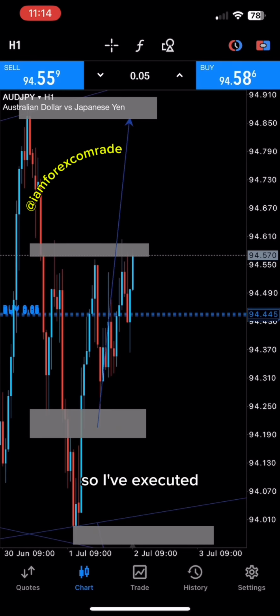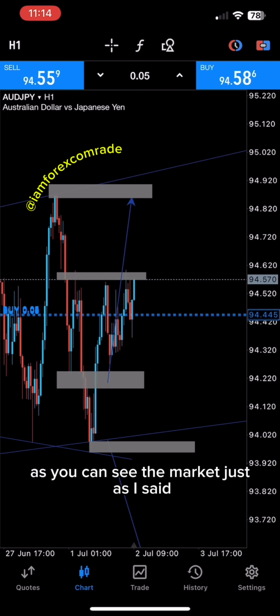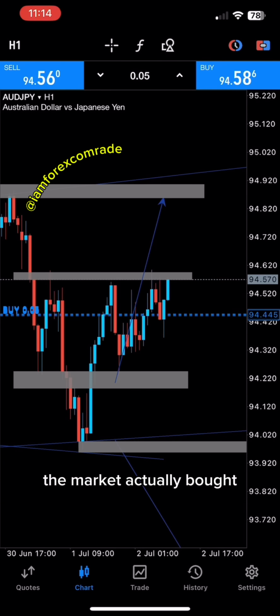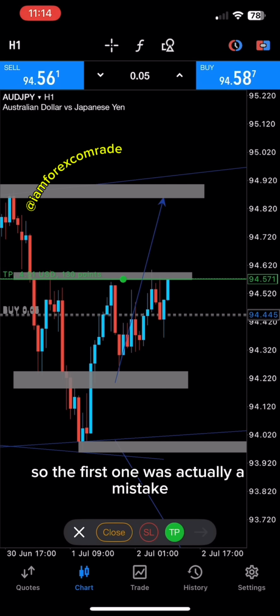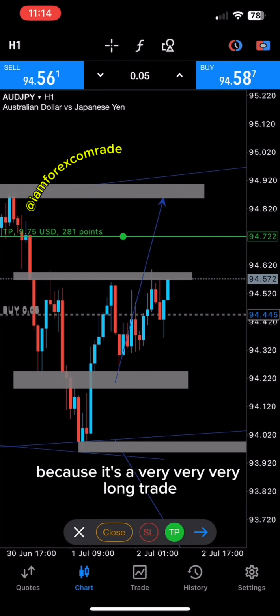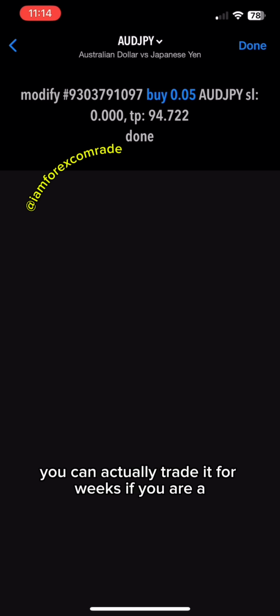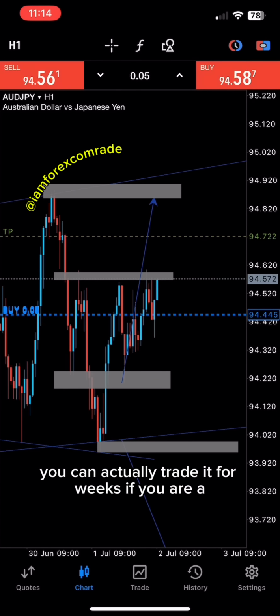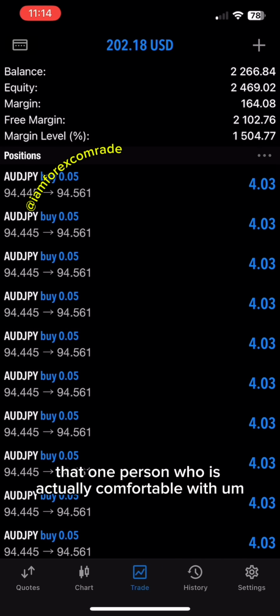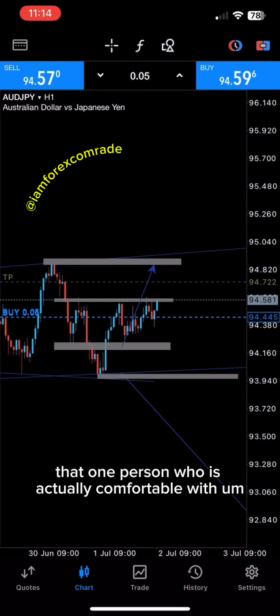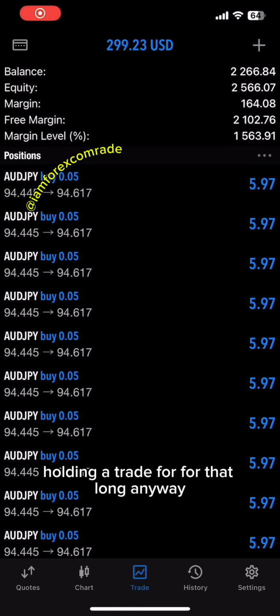Anyway, so I've executed. As you can see, the market, just as I said, actually bought. So the first one was a mistake, because it's a very, very long trade. You can trade it for weeks if you are that one person who is comfortable with holding a trade for that long.